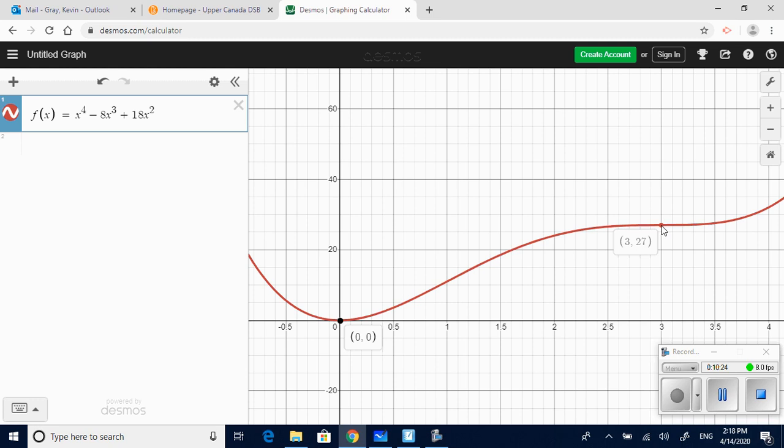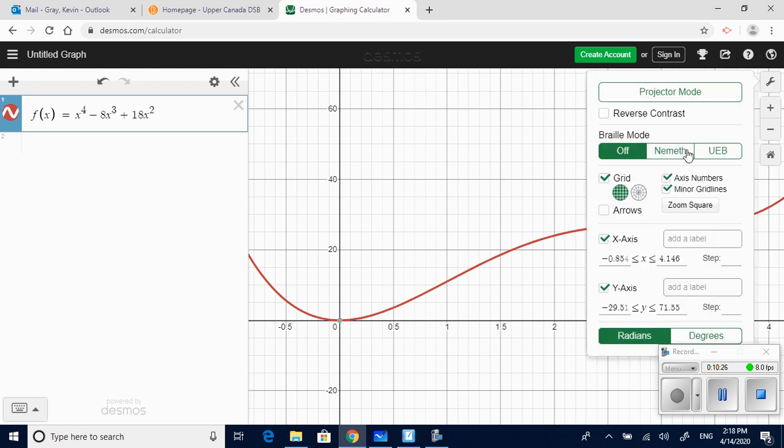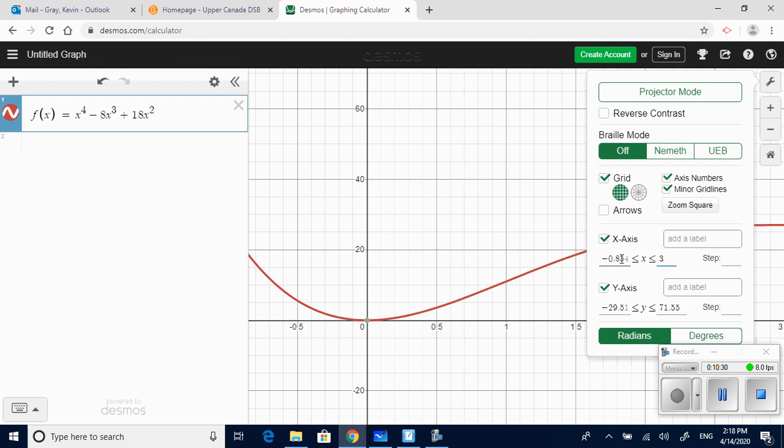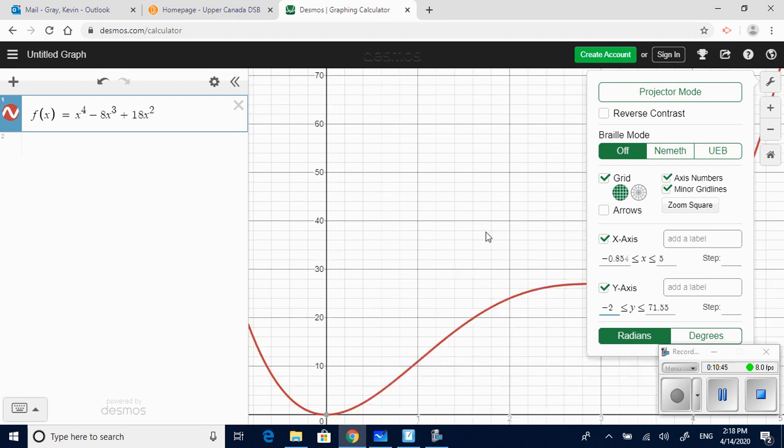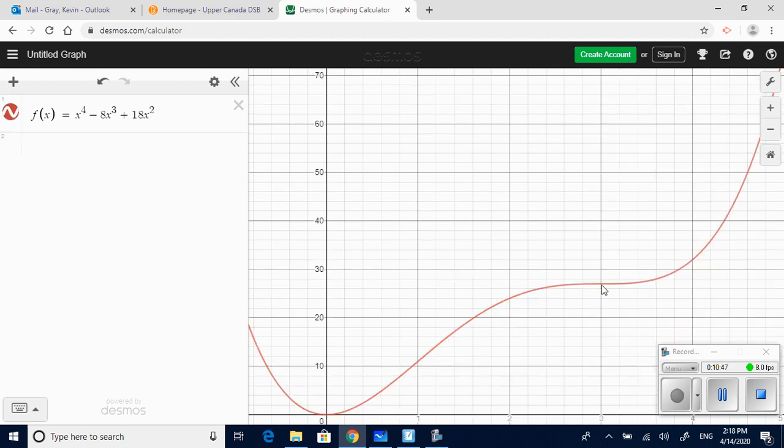It looks like it's bending here. Even if I adjusted this a little bit more, you can see it even better like that. So there we go.